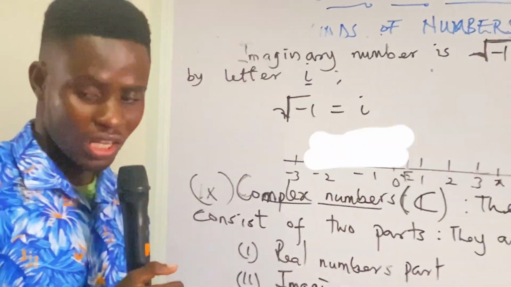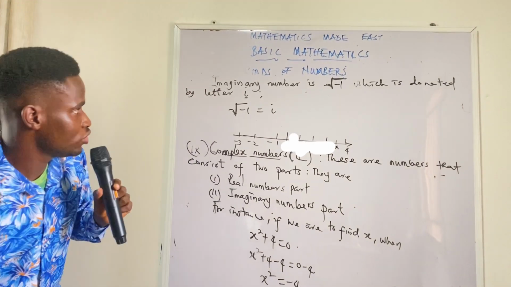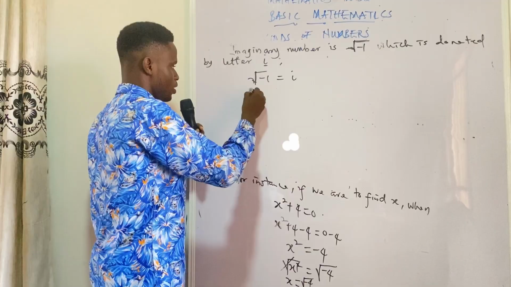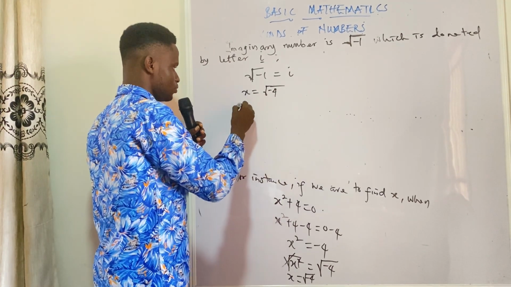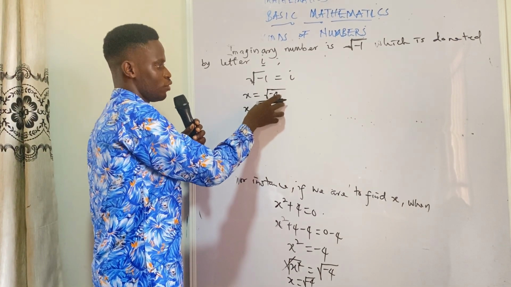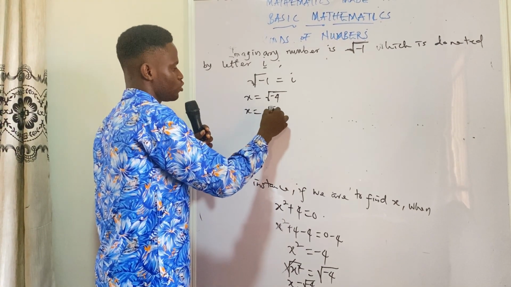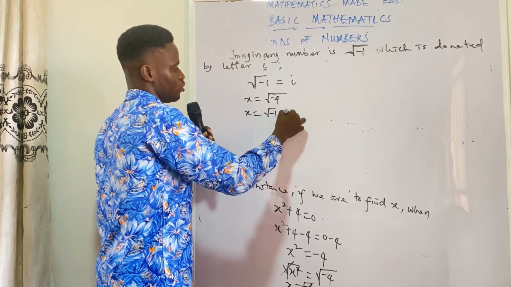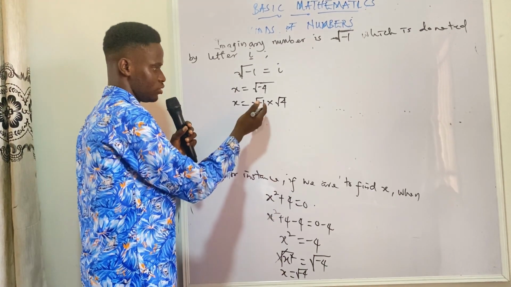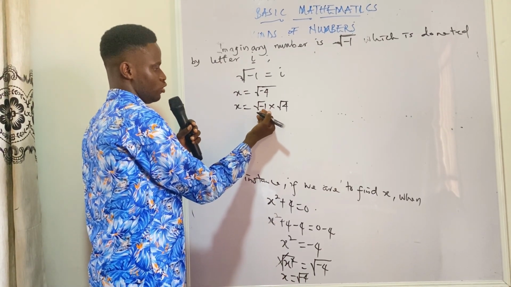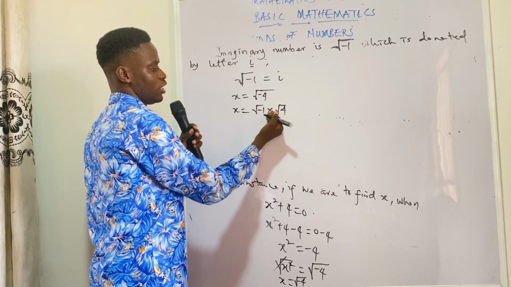So how do we now solve this question? Have the knowledge of imaginary numbers. x is equal to square root of -4. Then we can separate square root of -4 to be square root of -1 times square root of 4. To people that really understand how to solve this, because you multiply the numbers under the roots.